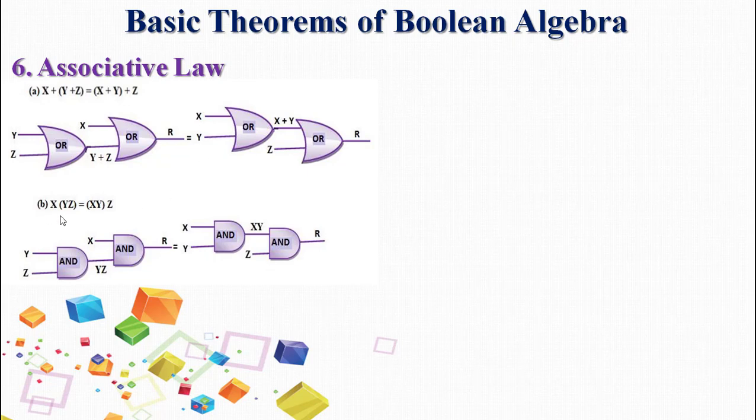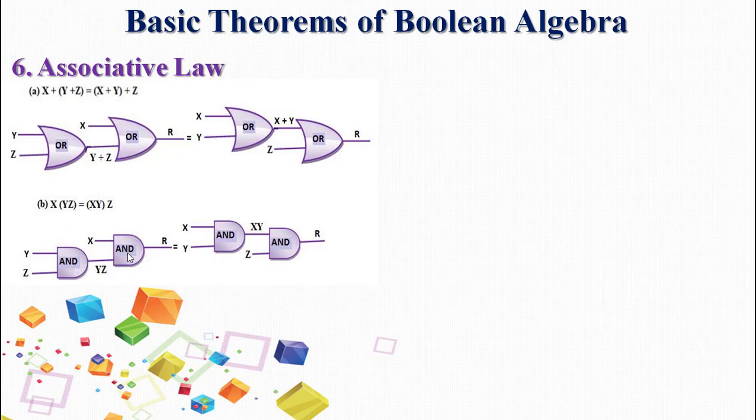The next one with the associative law is with multiplication. So x multiplied by (y z) can also be written as (x into y) into z. First the bracket will be solved. Multiplication is represented by AND, x into bracket. So the bracket is solved, y into z first, what is there in the bracket.